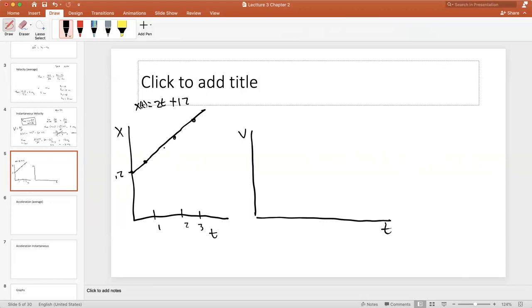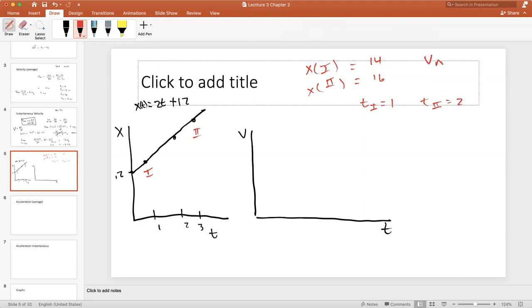Now, if I were to take between position 1 and position 2, the value of x at 1 and x at 2, x at 1 is 14, x at 2 is 16, and the change of time, so t1 is 1 and t2 is 2.